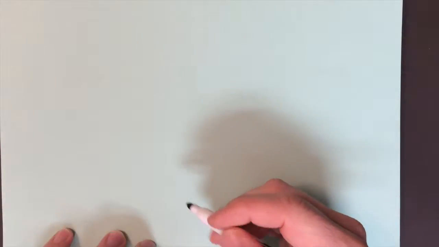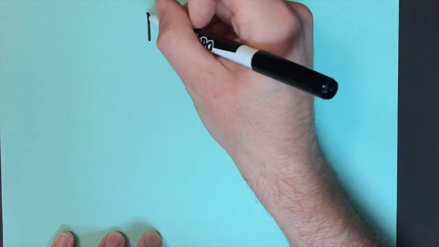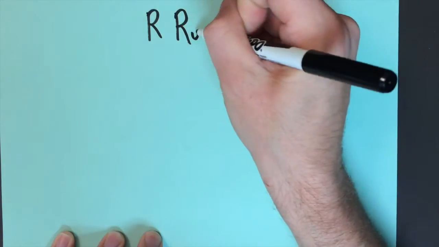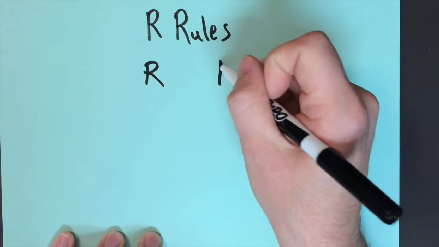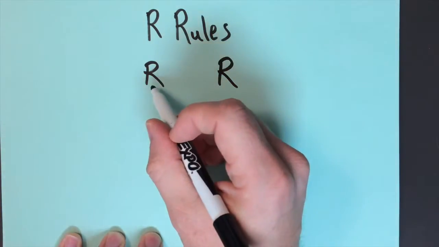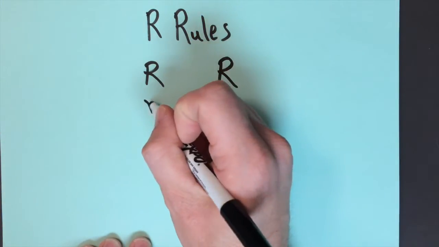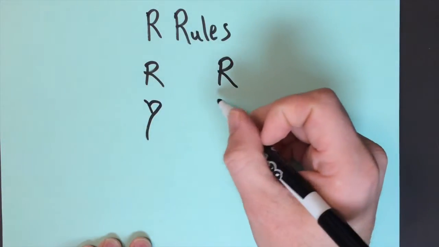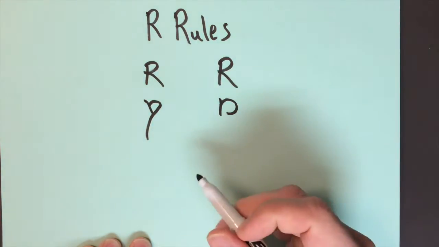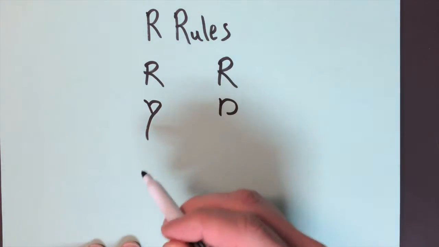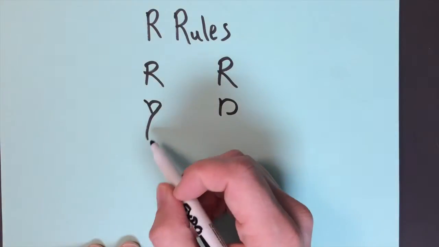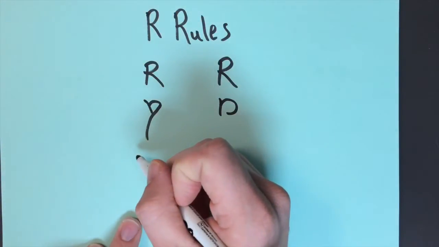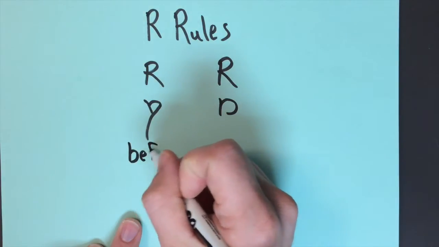Alright, before we dive into some practice words, I want to explain to you the R rules. There's two different R's. This R that looks like this, and this R that looks like this. This R is going to come before vowels. So let's write that down.